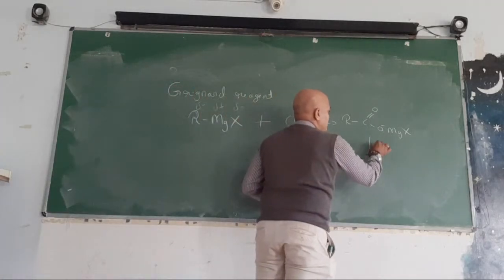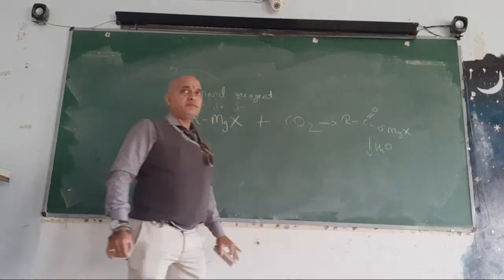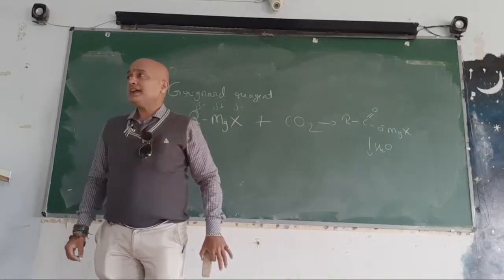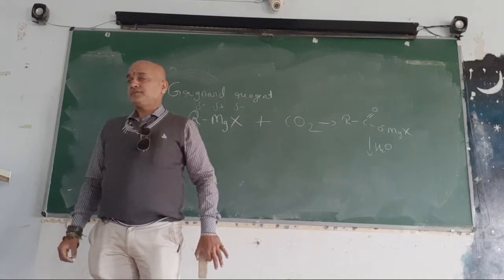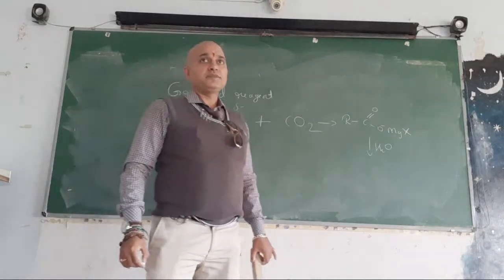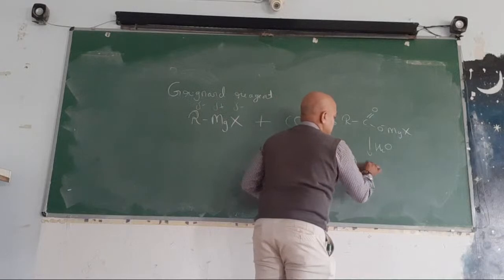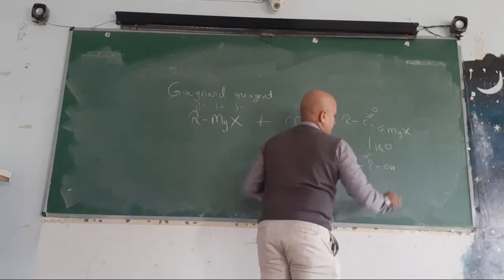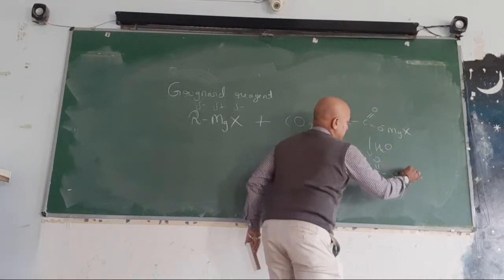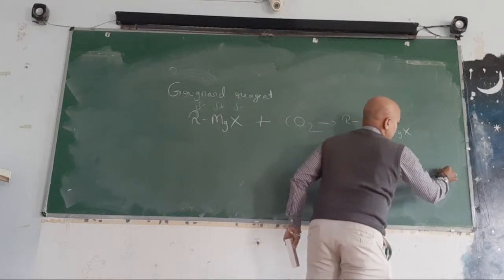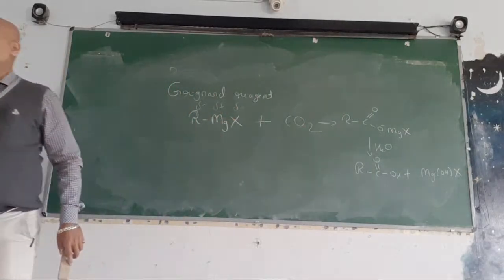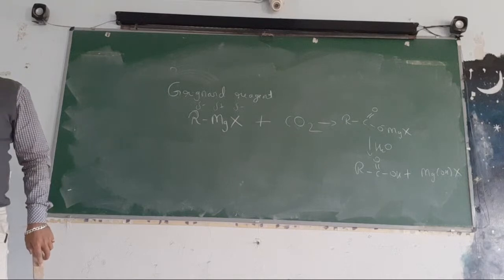When it is treated with moisture, when it goes for hydrolysis, what do you expect? Carboxylic acid. One product is carboxylic acid and another one is Mg(OH)X. So that's the reaction using the Grignard reagent.